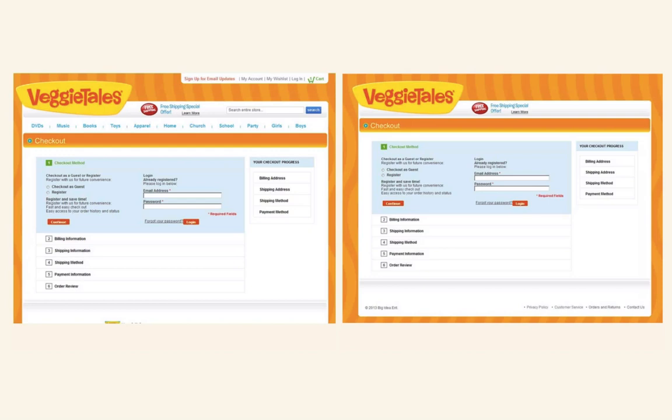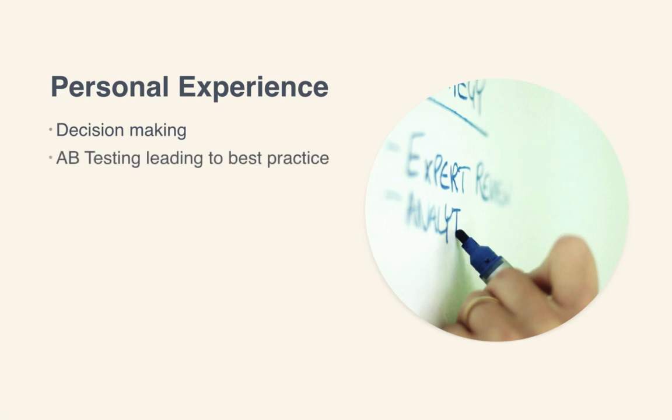So my personal experience of A/B testing, I've done a lot of A/B testing, and a lot of it has been about decision making and debate solving, which I mentioned previously. And a lot of what we've seen in these previous examples is how A/B testing leads to best practice. So things like decluttering your product pages, your landing pages, and focusing people on the tasks in hand.